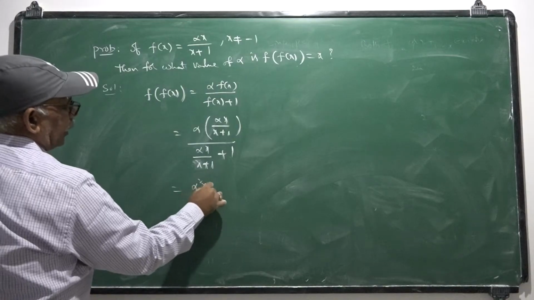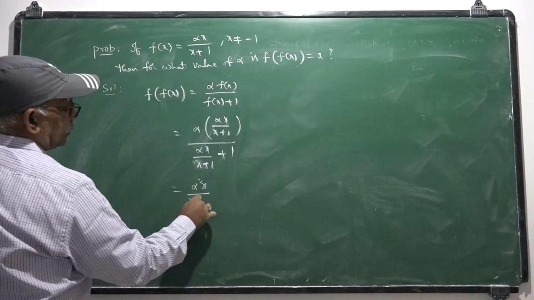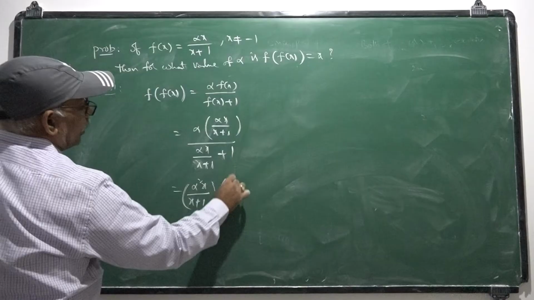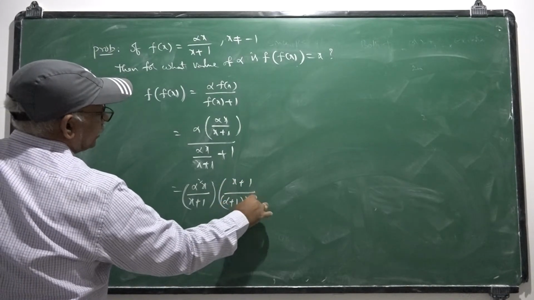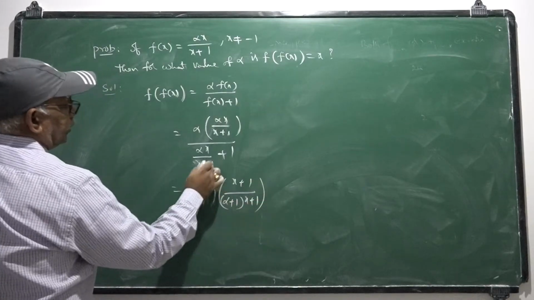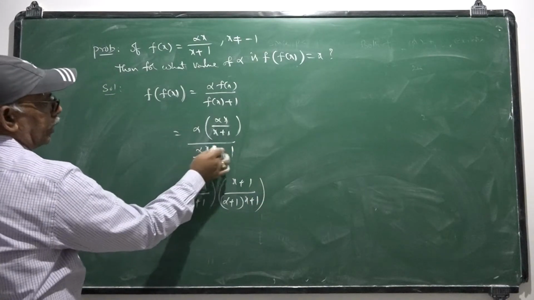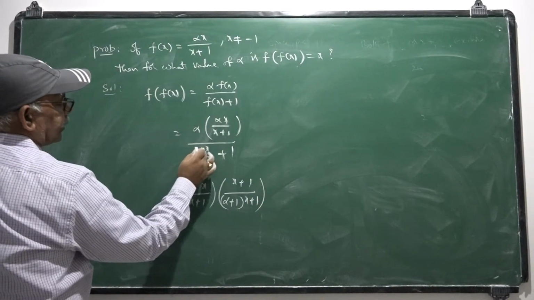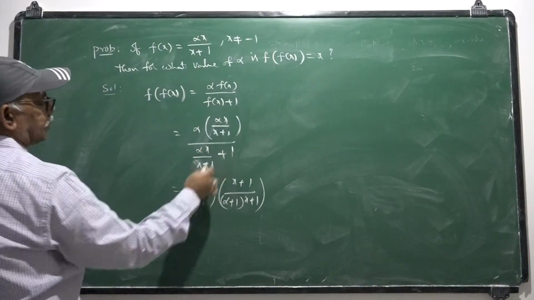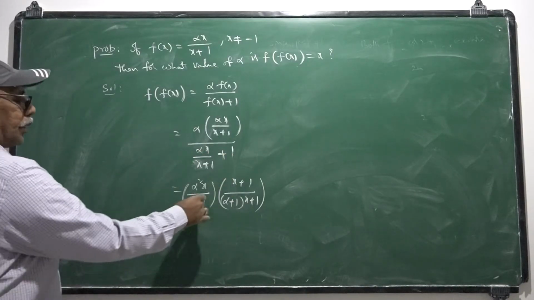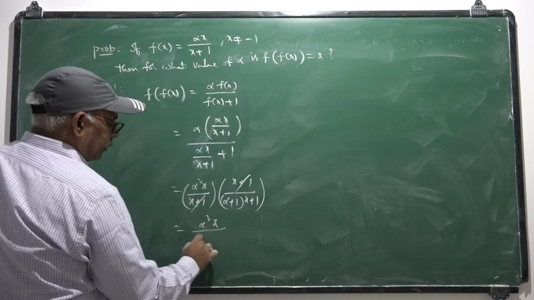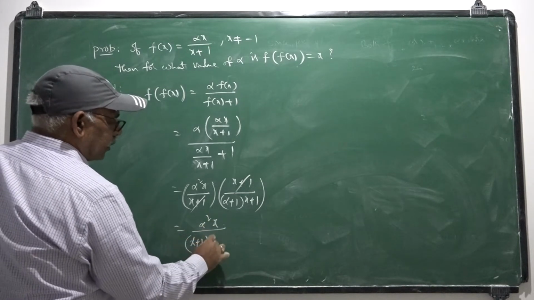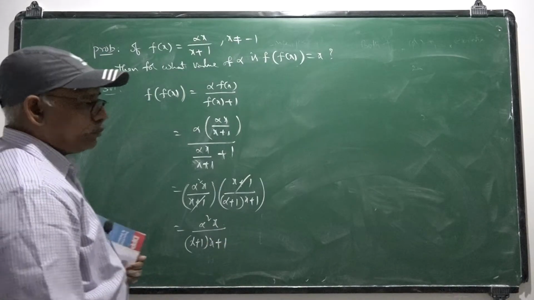Now that is alpha square x by x plus 1 into x plus 1 by alpha plus 1 x plus 1. Taking LCM and taking x common, alpha plus 1 into x plus 1. You can remove this one. That is alpha square x by alpha plus 1 x plus 1.